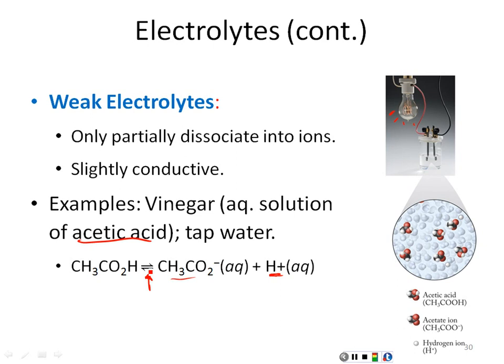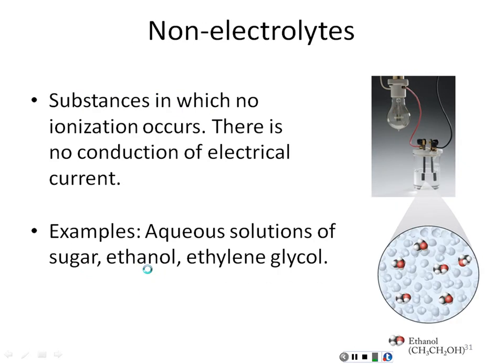So we write something that's not fully going to the product side of a chemical reaction with this double-headed arrow, and that means there's an equilibrium. And then the other type of molecule you can have is a non-electrolyte, a substance where no ionization occurs and there's no conduction of electrical current. So the light bulb does not turn on. Examples of these would be sugar, ethanol, and ethylene glycol, which is in antifreeze.